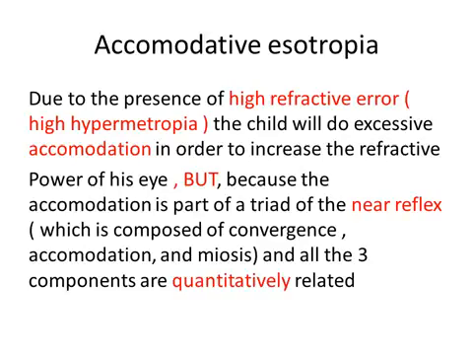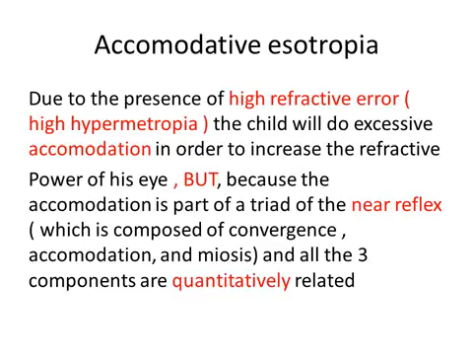So this +5 hypermetropic refractive error will oblige the child to do excessive accommodation. We explained accommodation in the practical sessions, and you have to review it. This excessive accommodation is by increasing the power of the lens in order to increase the total power of the eye and to cancel hypermetropia.